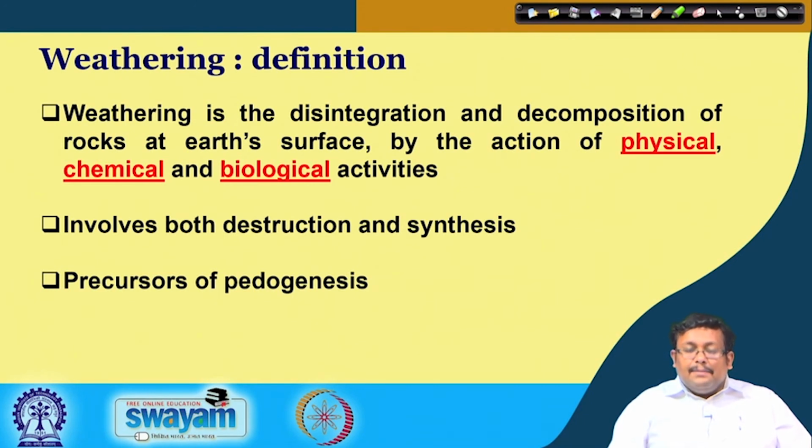The chemical composition of the smaller fragments which occur through the physical weathering process has the same chemical makeup as that of the original rock. However, in case of chemical weathering, there will be a complete alteration of chemical characteristics from one form to another form. So, these are important aspects of physical and chemical weathering.